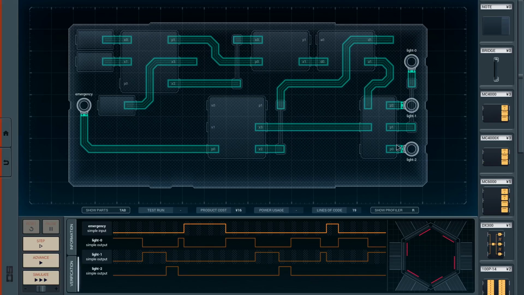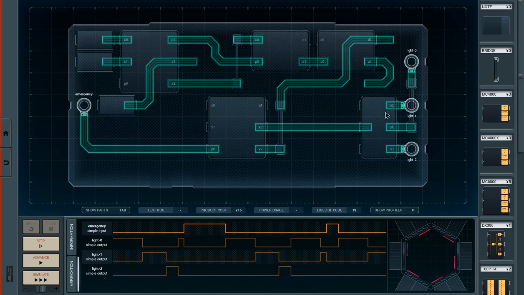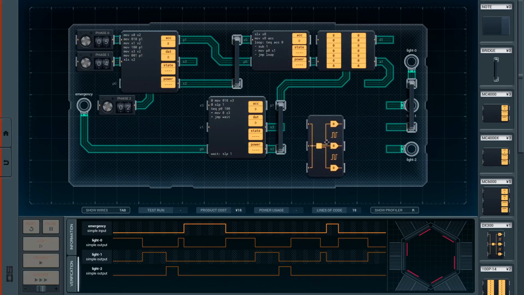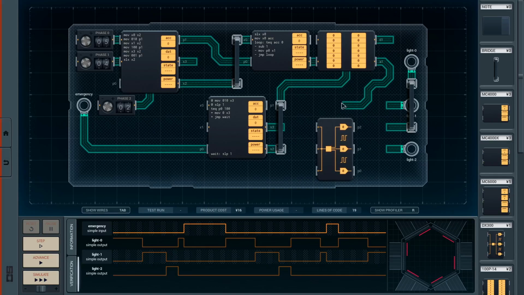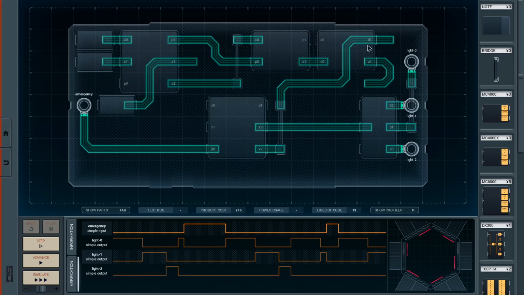Okay, got a problem. Okay, would wire routing be possible if this were to move down? No. No, it wouldn't. Okay. Could I... Oh dear.